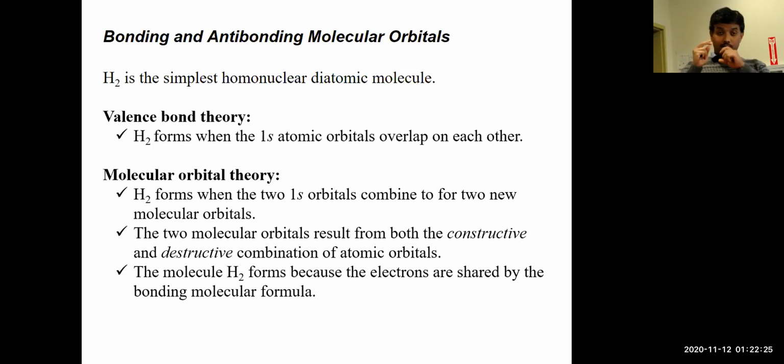Each molecular orbital can take two electrons, so those two electrons will first fill the bonding orbital. That is how H2 exists. You can calculate the bond order according to molecular orbital theory, and if the number is non-zero, you can comment on the stability. That's how molecular orbital theory has the advantage. You can also comment on the magnetism of H2.